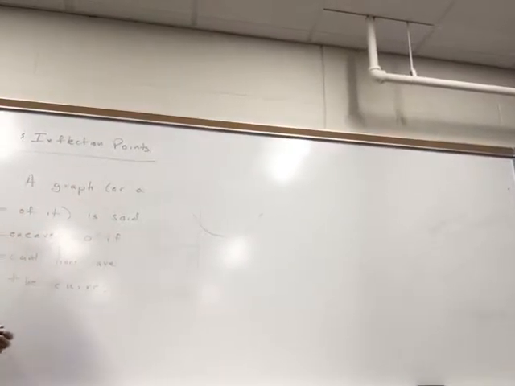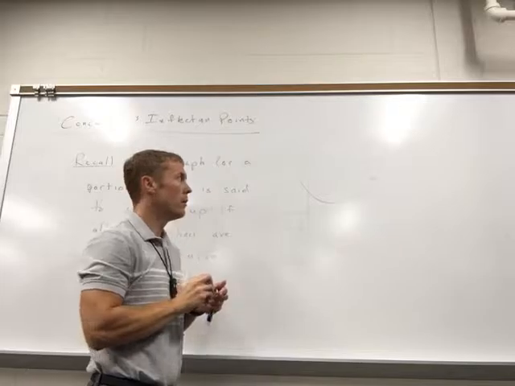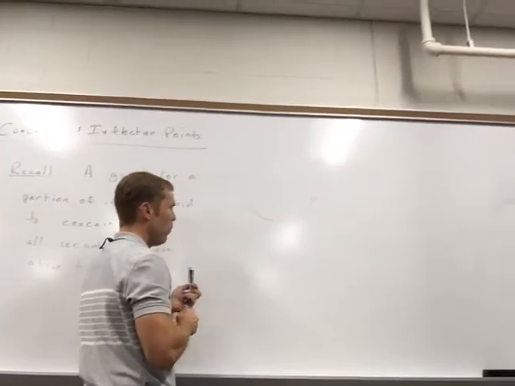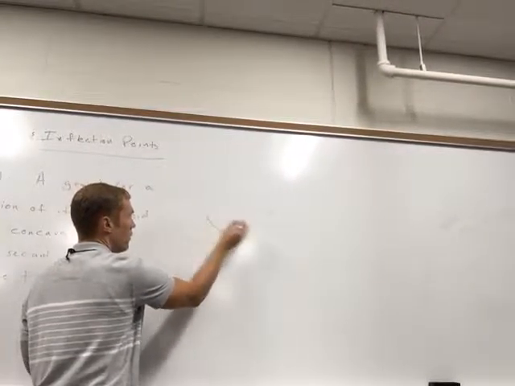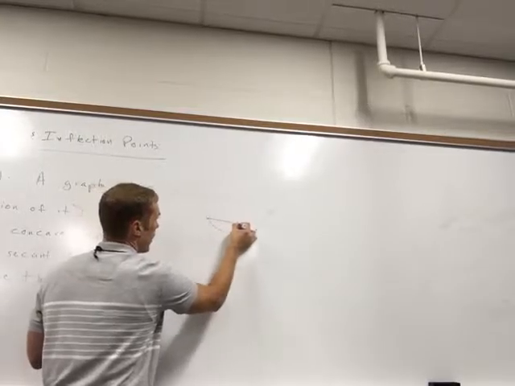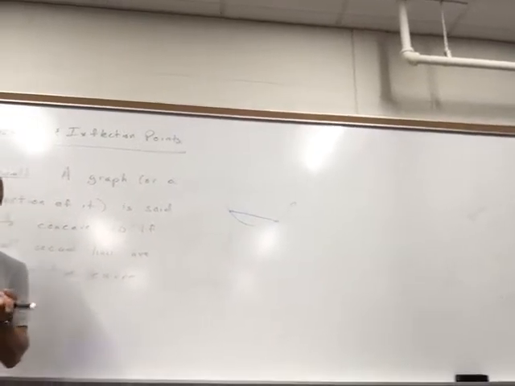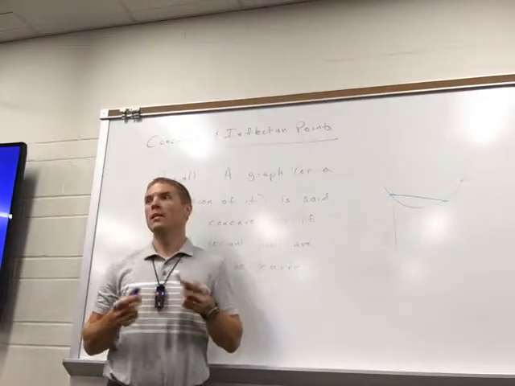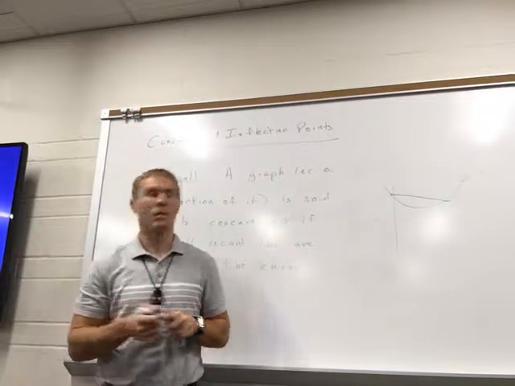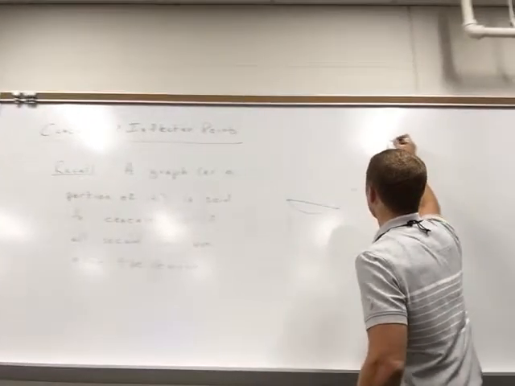Looking at a graph that we think to be concave up, if I take any 2 points on the curve and connect the dots, that's the secant line. The secant line is above, it's concave up. Just the basic definitions we have.